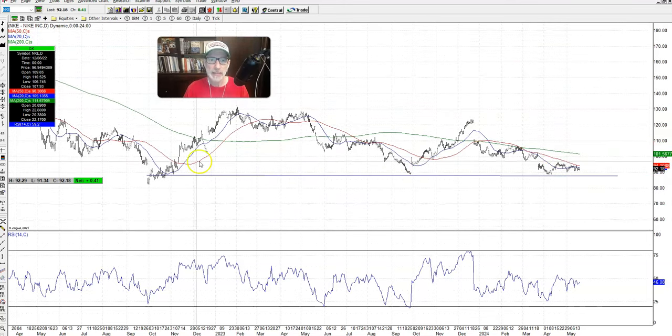You've got to look back in time. You have to go backwards and see where there were congestions of price action. We can see in the high 80s, there's a lot of congestion. Here, this was in October of 2022, here in October of 2023, and then April of 2024.